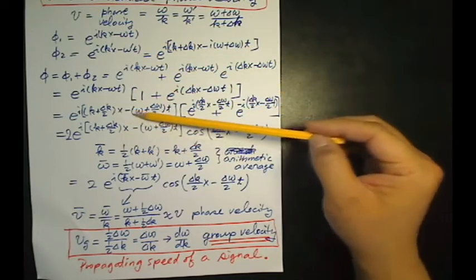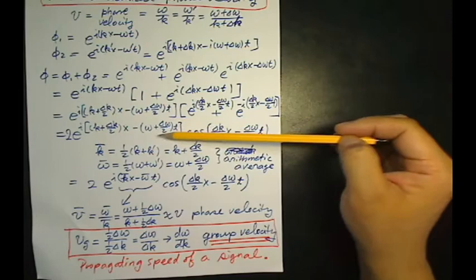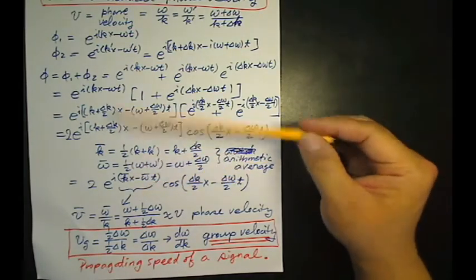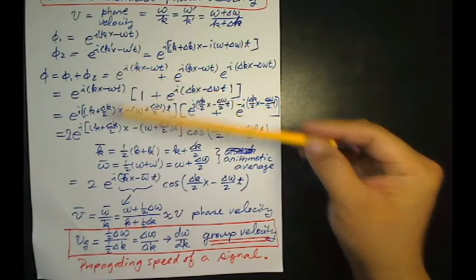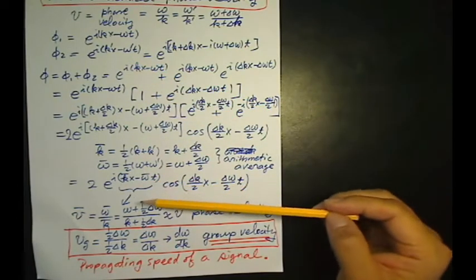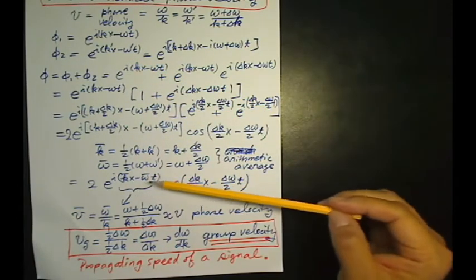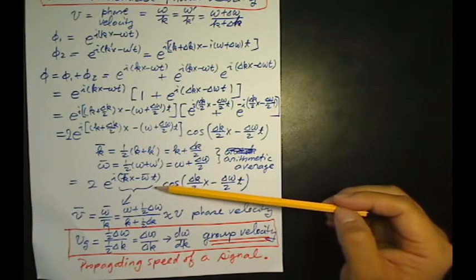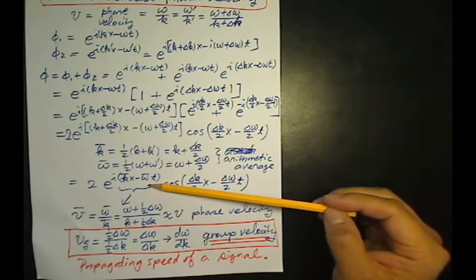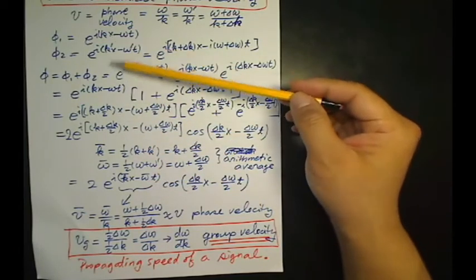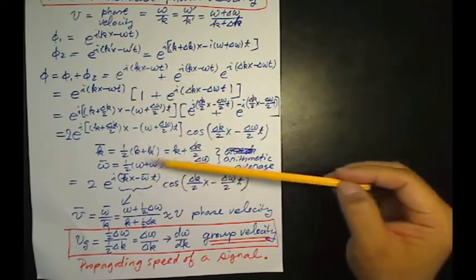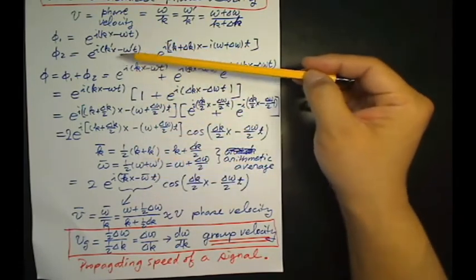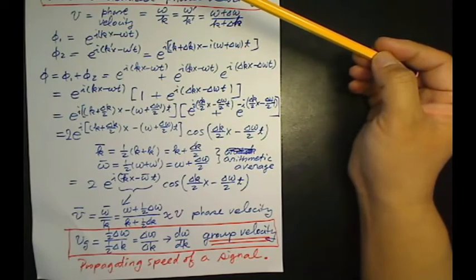So this front factor is the average of these two waves, and this one gives a phase. The propagation speed of this wave is very close to the original wave, and its phase velocity matches their phase velocities very closely.